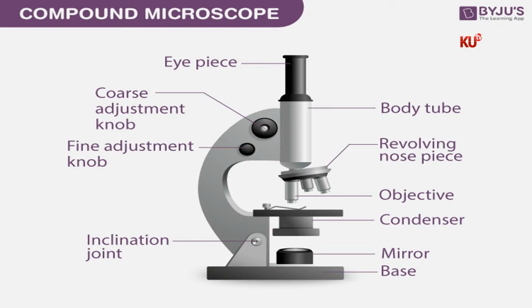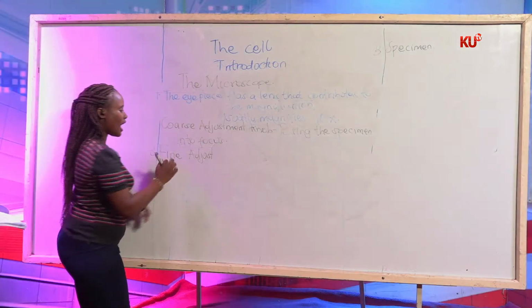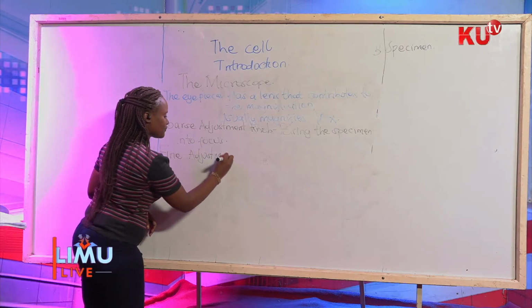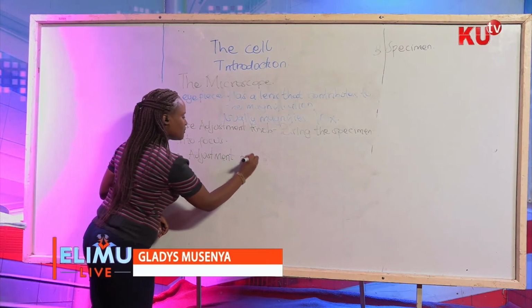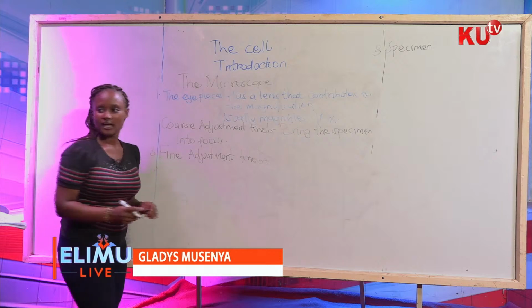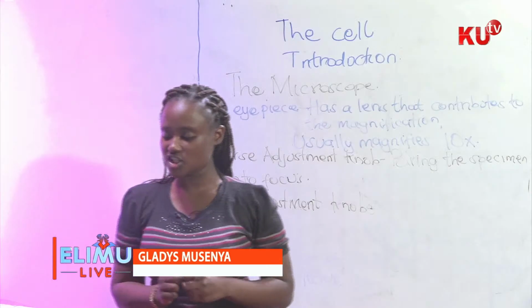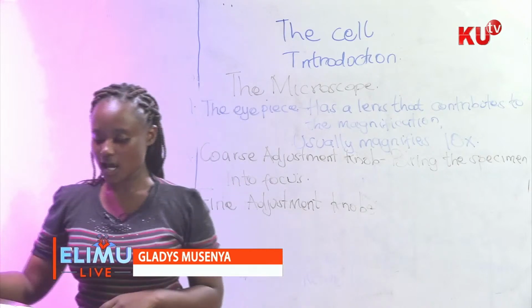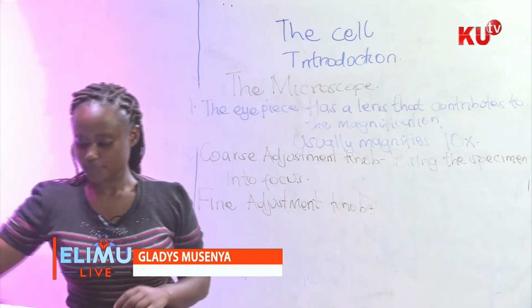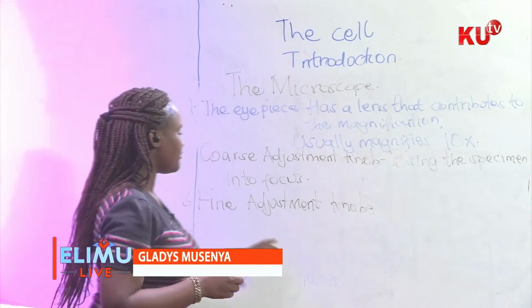Now we go to the third one actually, the fine adjustment knob, which is below the coarse adjustment knob. The fine adjustment knob moves the tube and brings the image into fine focus.